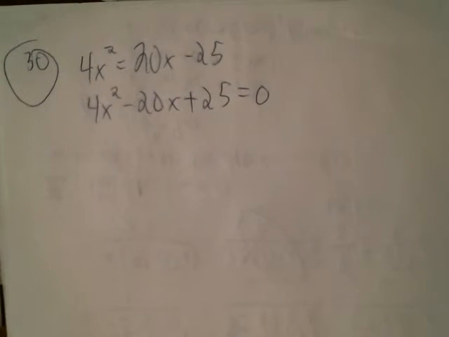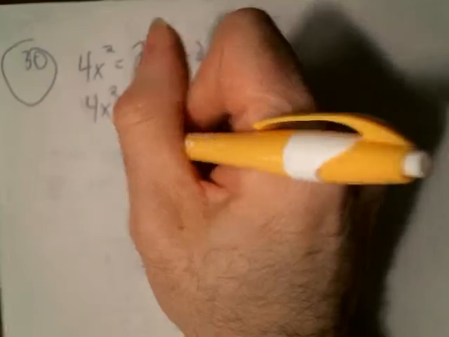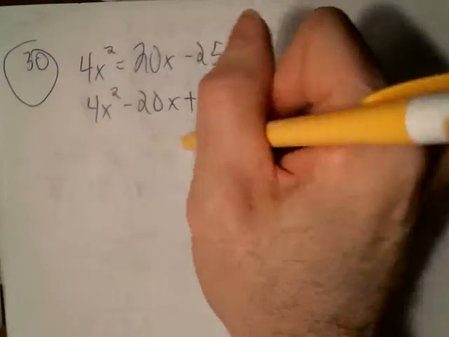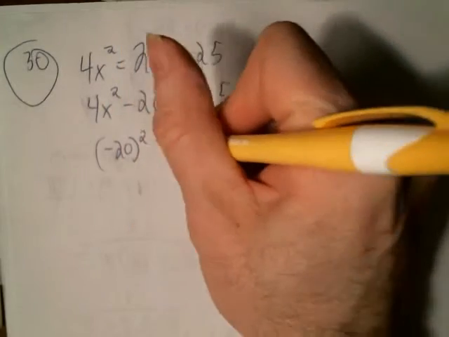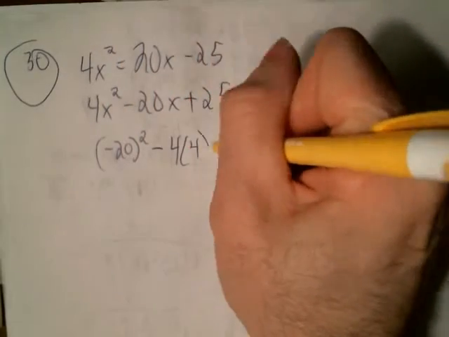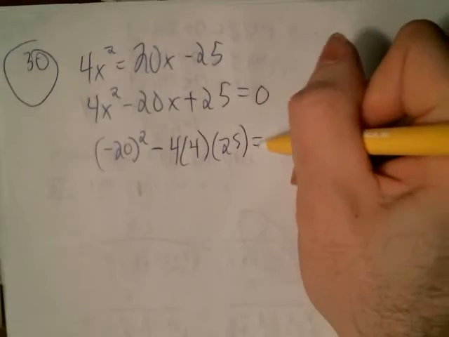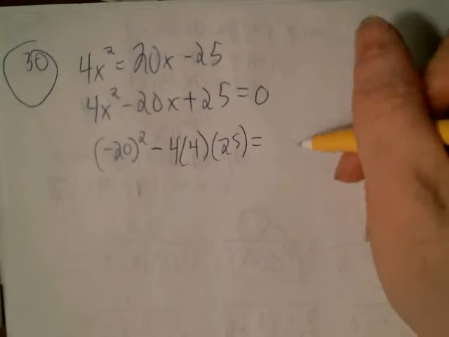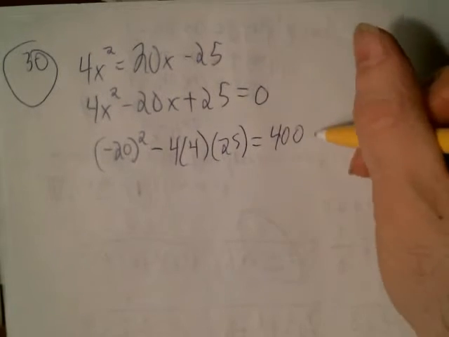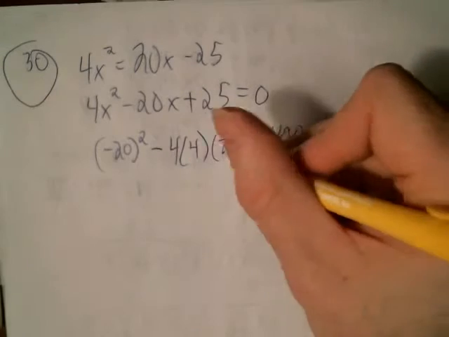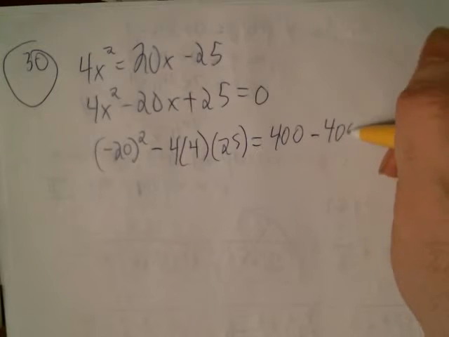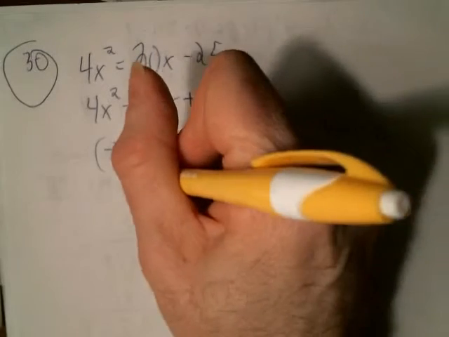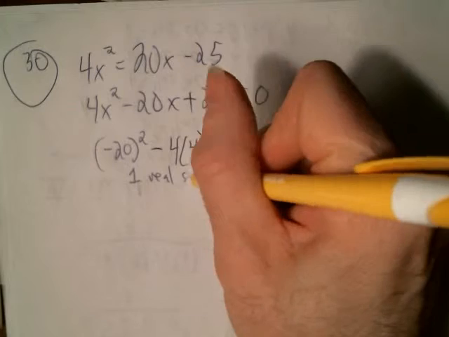I'm going to go ahead and look at the discriminant. The discriminant is b squared minus 4ac. So b squared is negative 20 squared, minus 4 times a times c. I'll have 400, since 20 squared is 400, minus 16 times 25, that's going to be 400 as well. So here I should have one real solution.